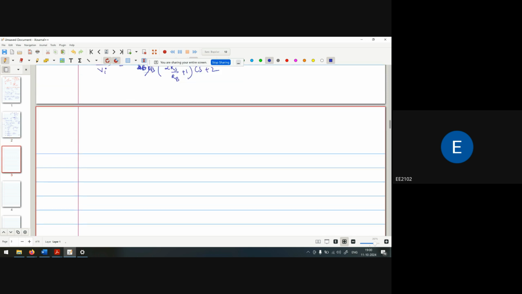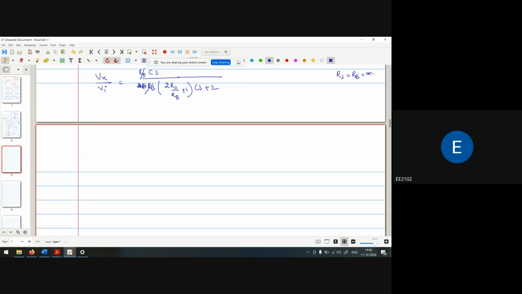Now if the capacitance value is infinite, Vx upon Vi is equal to Rb times Cs upon 2Rb plus 2Rs plus Rb times Cs, taking Cs common, plus 2 upon Cs. And S and C cancel out.